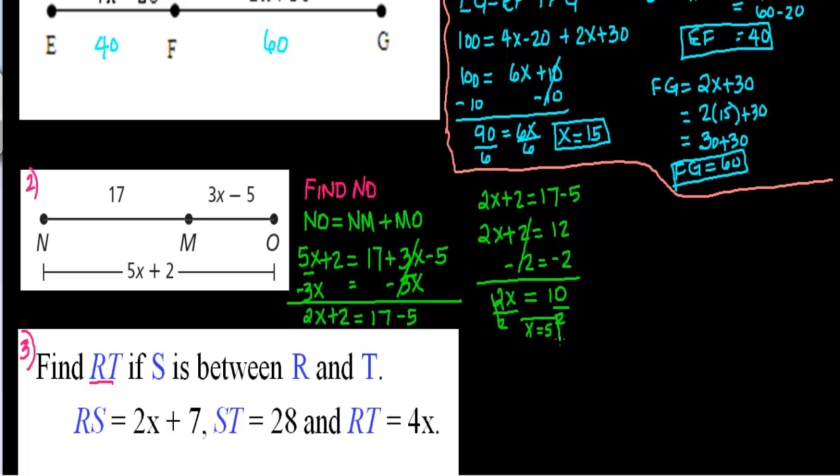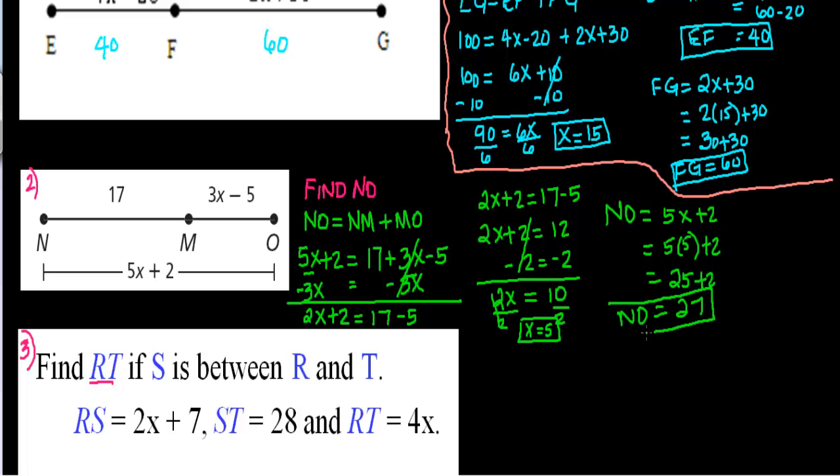I found the x. Once you find the x, it's easy to find NO. NO is equal to 5x plus 2. So I can substitute the x that I found, which is 5, and I get 25 plus 2, which is 27. So NO is 27, and you're done. It doesn't ask you to find anything else.